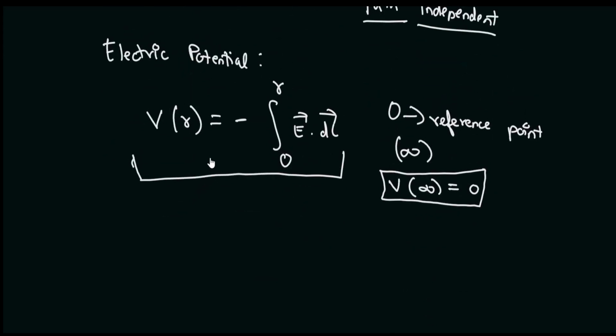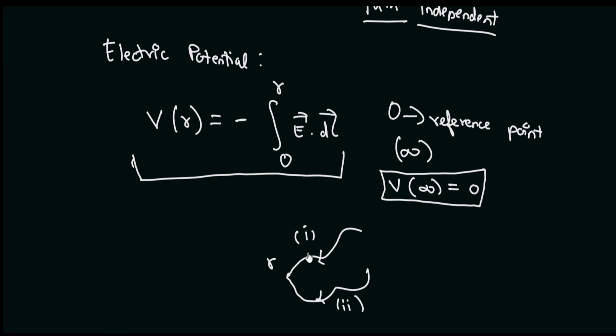Notice that this definition of electric potential would not make any sense if the line integral of the electric field depended on the path. Let's say we come from infinity to the point r along one path, let us call it path 1, and through some other path to the same point, path 2.